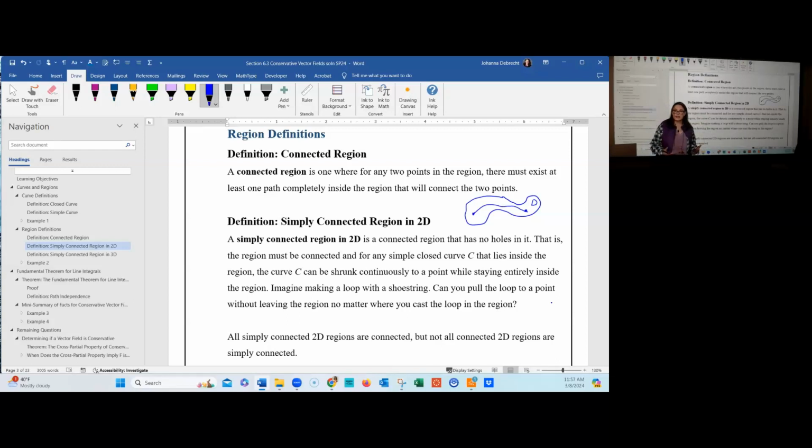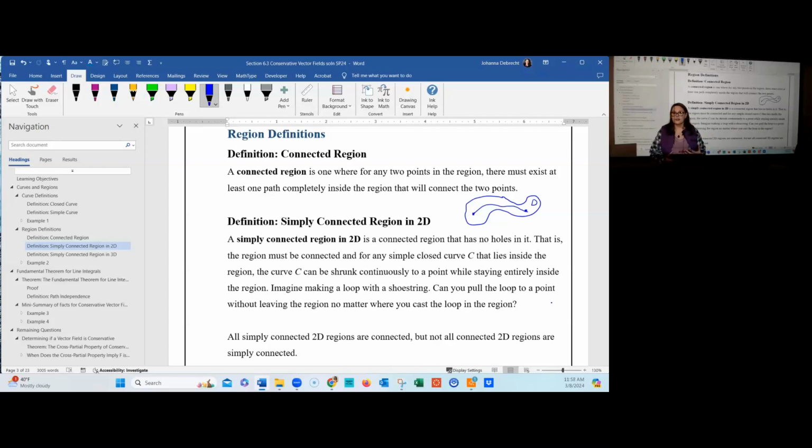So what's not connected? Well, you can think about the continental United States and Hawaii as a not connected region. We can't walk from the continental United States over to Hawaii. So that part is not connected. Are we connected to Alaska? Yes, even though Canada is between us and Alaska, we can walk from here to there.